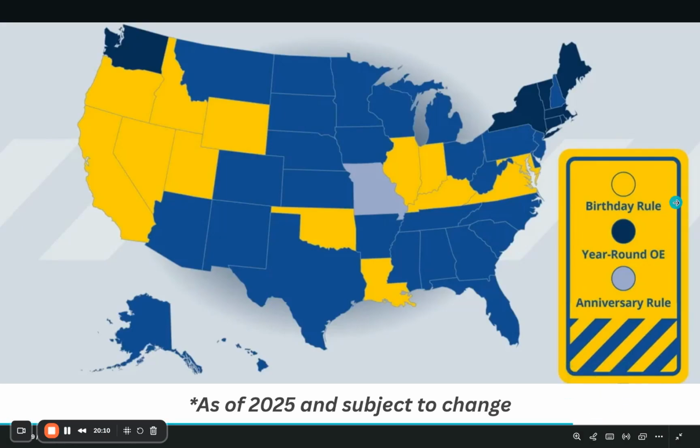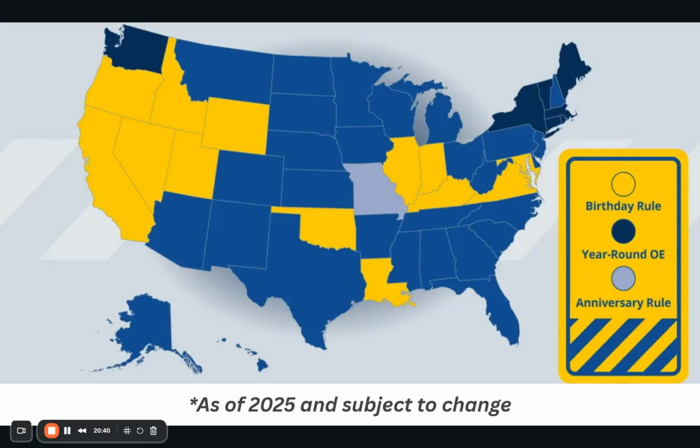So, for example, these yellow states are birthday rule states. If you're in any of these yellow states, you have a specific amount of time surrounding your birthday month where you can change your Medicare supplement plan without any health underwriting. And depending on the state, there are some state-specific rules, such as whether you have to keep the same plan, or maybe you can't go from a plan with less benefits to a plan with more benefits, that sort of thing.